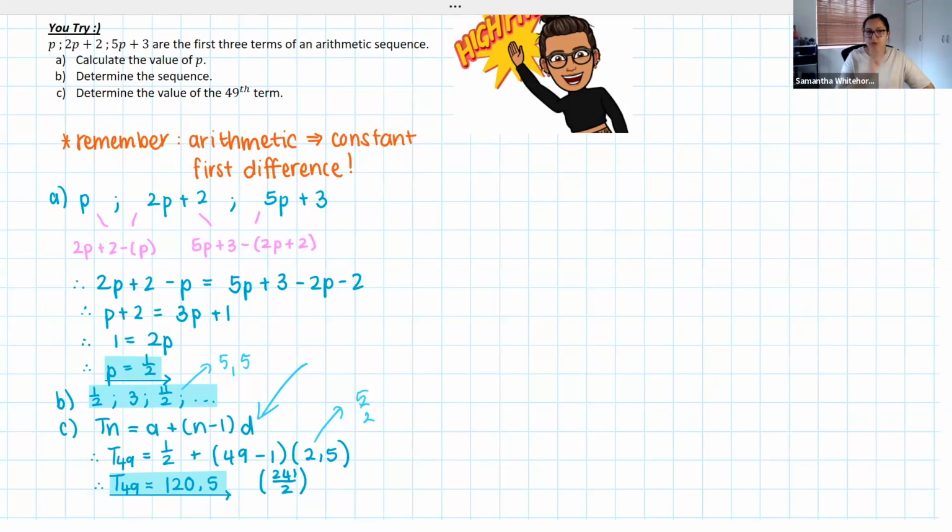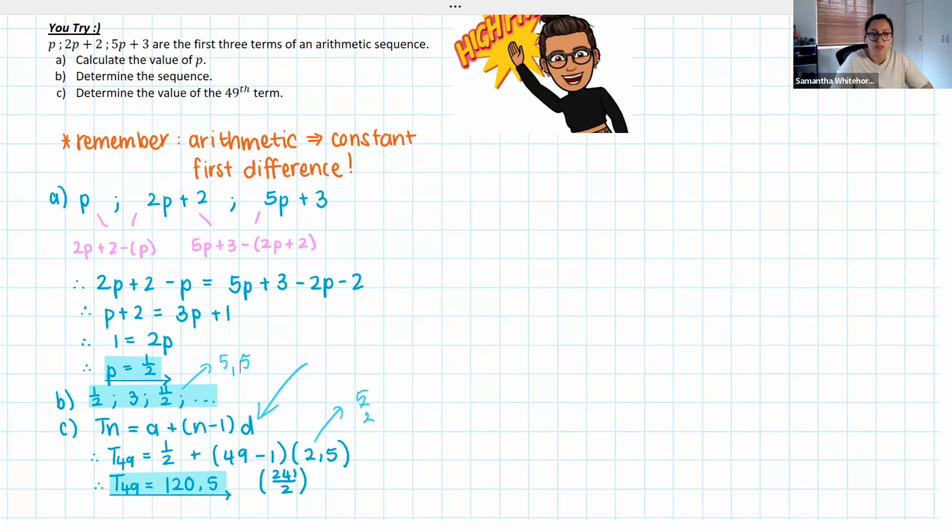It isn't always. Sometimes they'll just say calculate the value of p and then skip to determine the 49th term or determine which term has this value. Then you will have to remember to substitute back. So it won't always necessarily be a question, but it's always useful to substitute back, like you say.